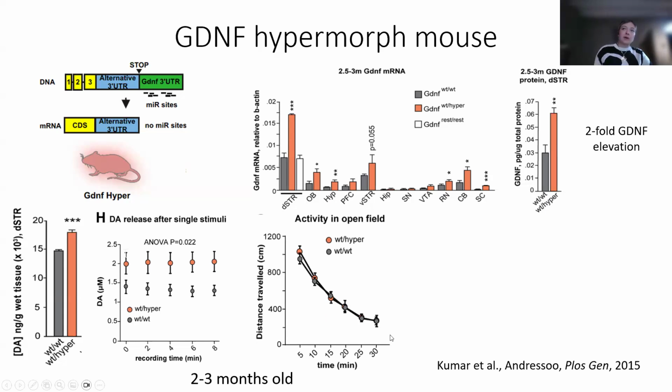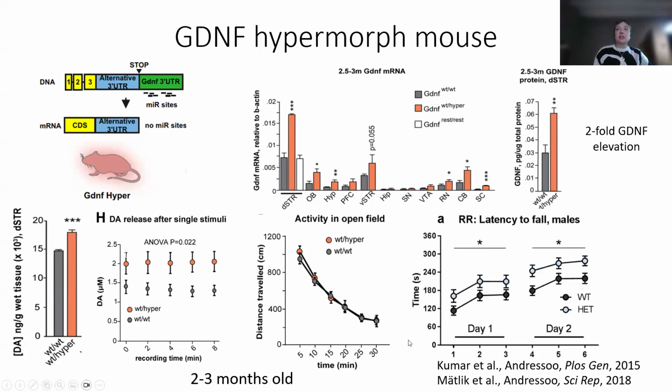But we found differences in motor performance in the rotarod test on the first day. They were performing better. And this improvement was also staying on the second day. So basically we see some improvement in the motor performance.